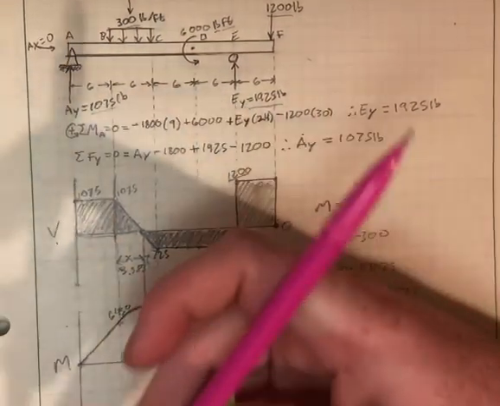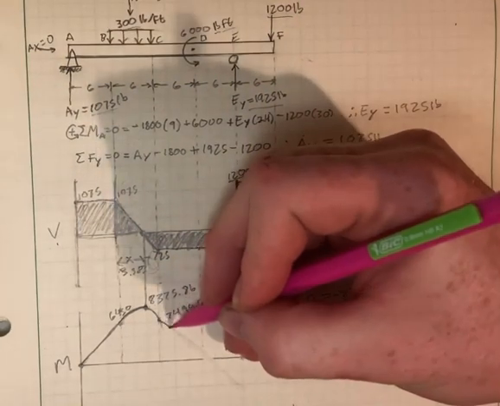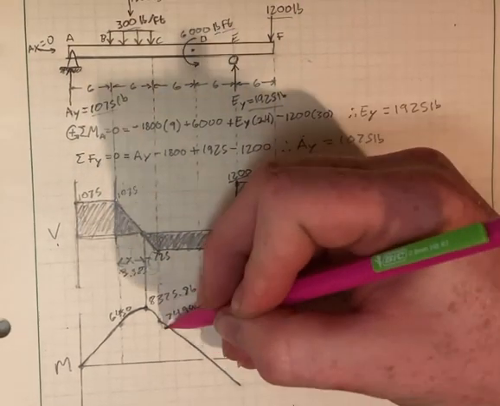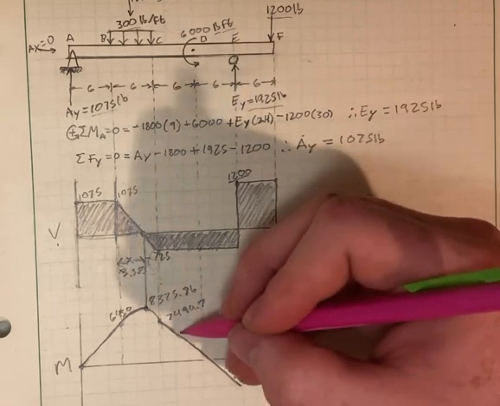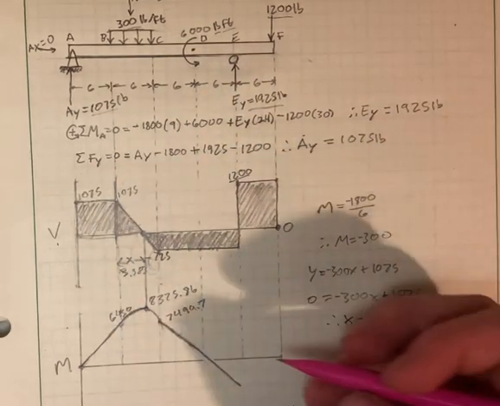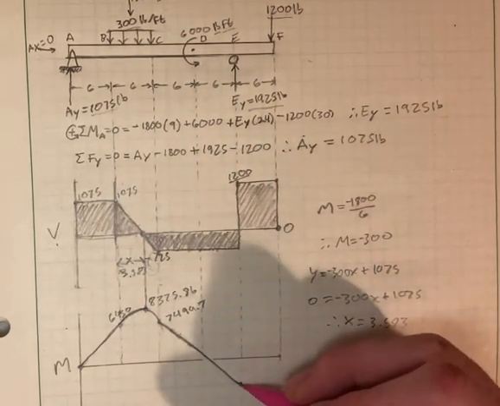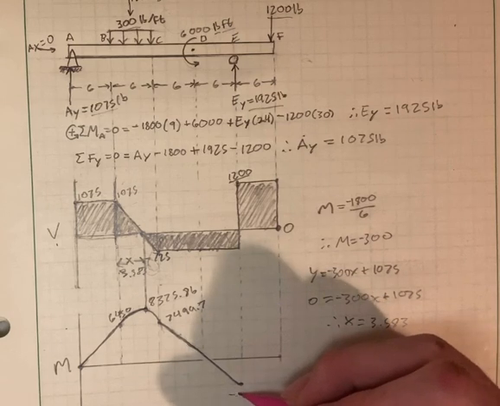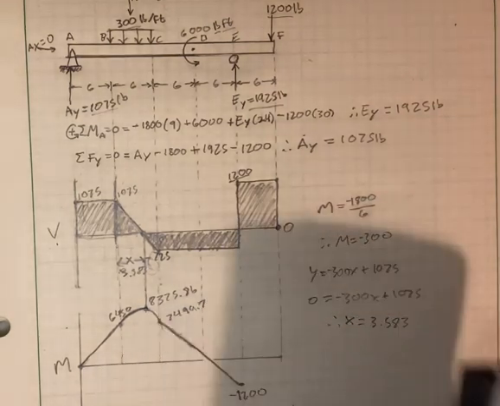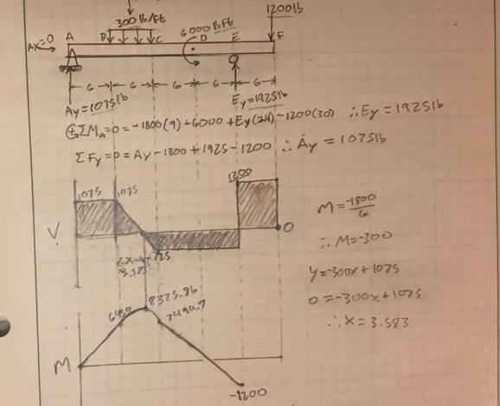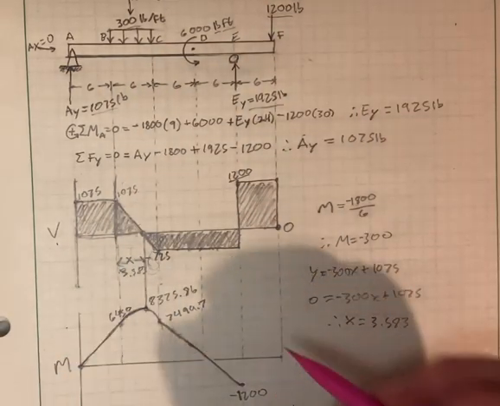I'm going to try that again. Go straight down. You get the idea. It's linear. It's a straight line to negative 1200. All right? 1200.3, but I'm just going to say it's negative 1200. And you'll see why.